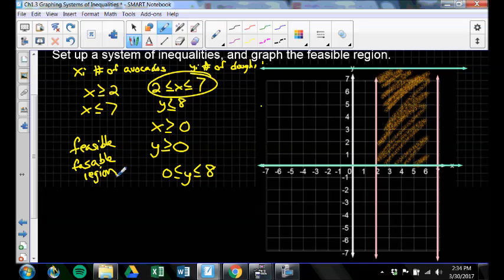And we could even get more specific here if we wanted to, because I'm not going to be able to buy a half of an avocado, and I'm not going to be able to buy a quarter of a donut. So the only points that work are actually going to be the whole number points. Those are the points that work.